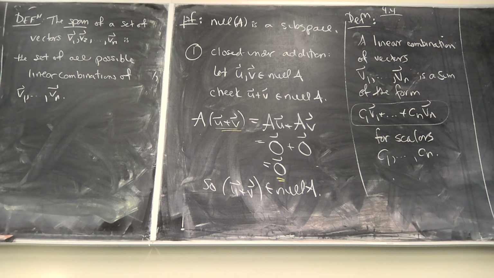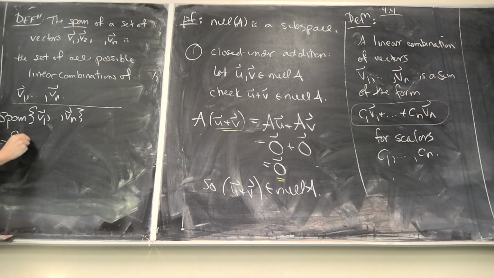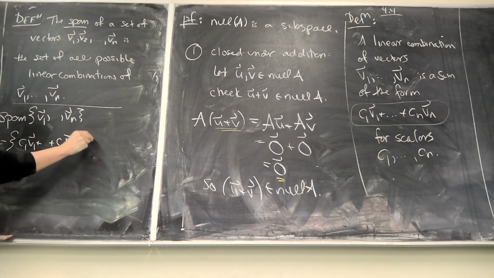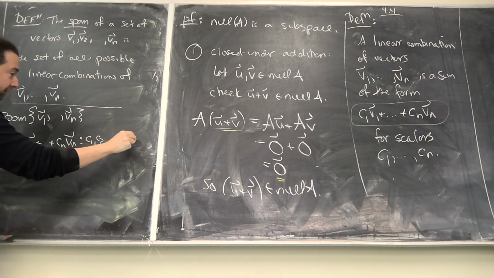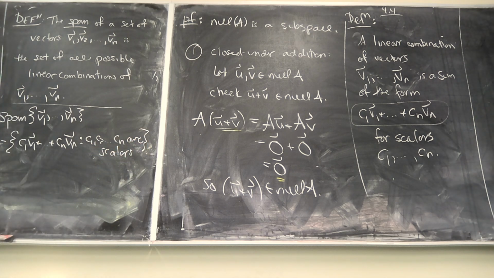Now, because that's annoying to write, we can use a mathematical description of the same set. So in the mystic language of mathematics, you write the span of v1 through vn is equal to the set c1 v1 plus up to cn vn, where c1, c2, up to cn are scalars. So that's the set builder notation for it. Every possible linear combination of v1 through vn.